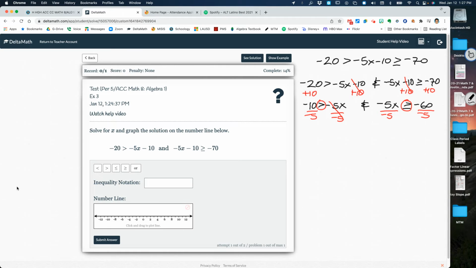I get 2 is less than x, and x is less than or equal to 12. Okay, check my work on that. Did I do that correctly, guys?